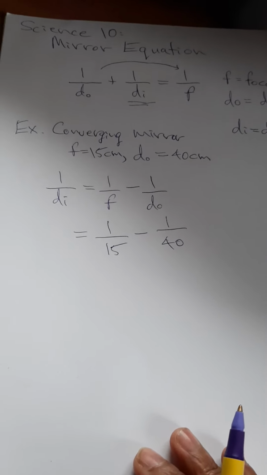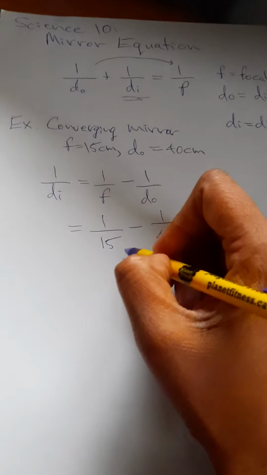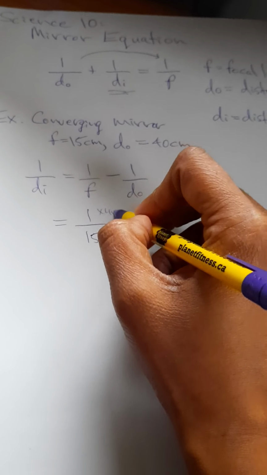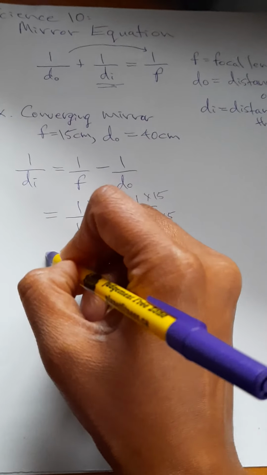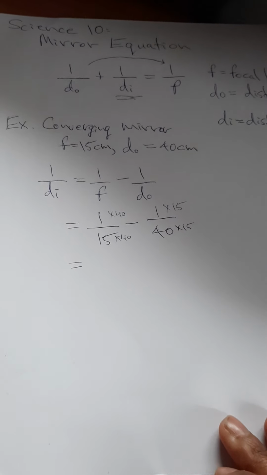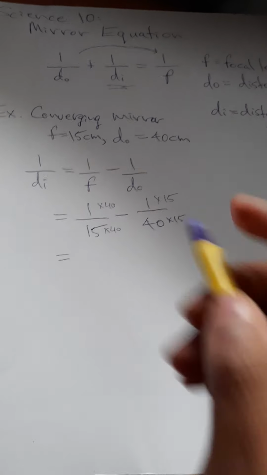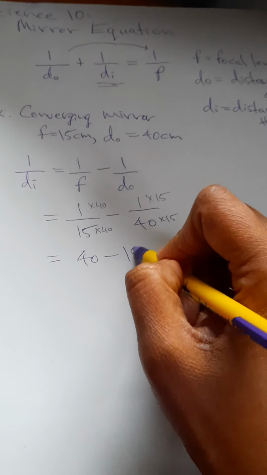And so again, if you want, you could do a common denominator here. Let's do that. I'm not going to look for the lowest common denominator. We're just going to times this by 40, and on this side, I'm going to times it by 15. The reason we're not doing a lowest common denominator here is I'm just going to look for the exact value. So 1 times 40, so 40 minus 15.